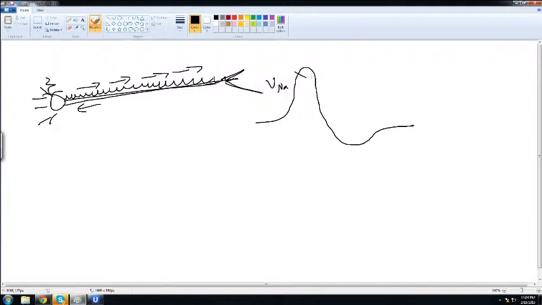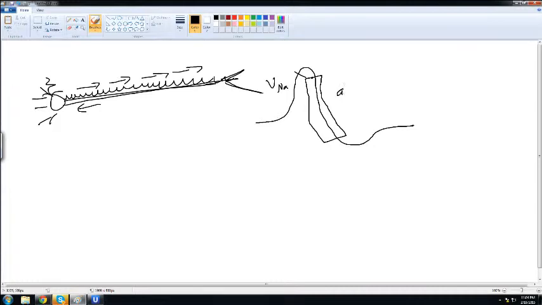And what that leads to is during this phase here, where all the potassium is flowing outside of the cell and it's becoming hyperpolarized again, you cannot have another action potential, no matter how hard you try, because those sodium channels are inactivated during this entire falling phase. And you need sodium channels activated in order to start an action potential. They're inactivated, they're shut down, they can't open.